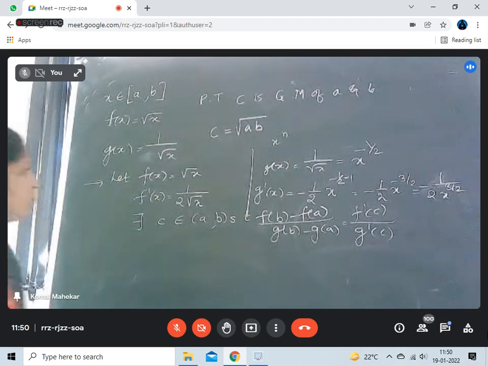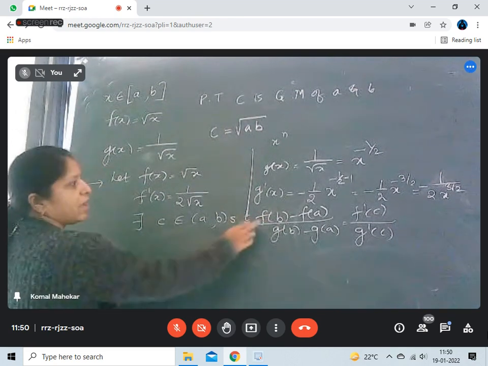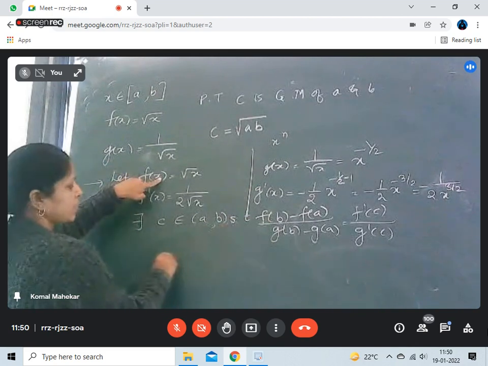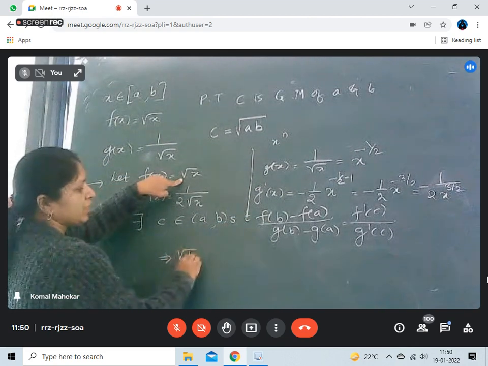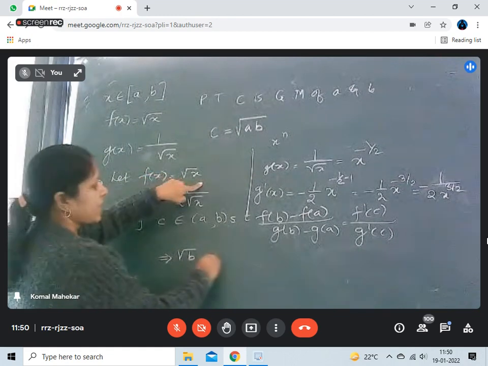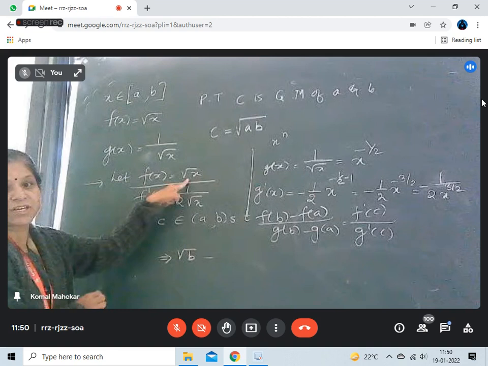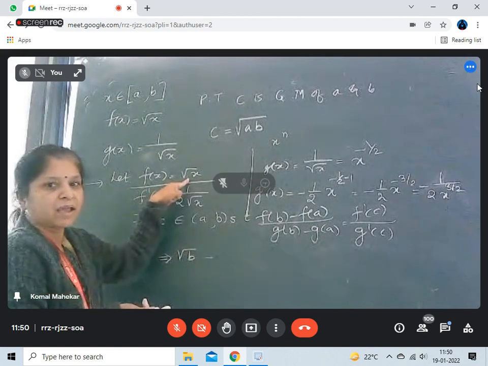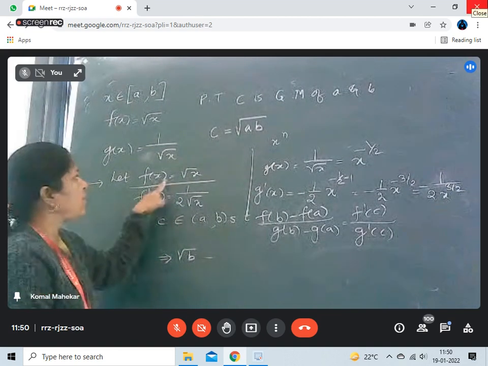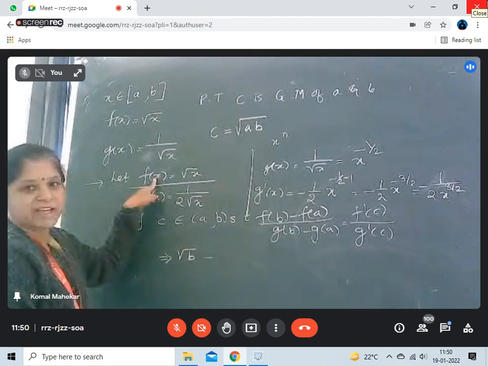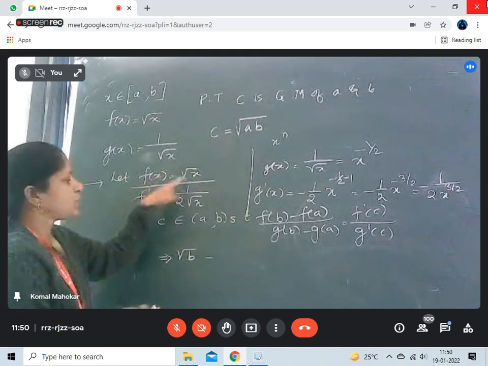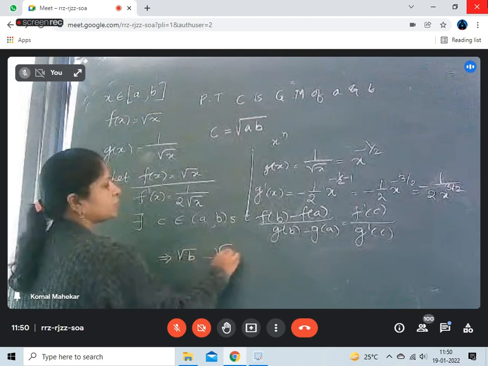Now simplify this. What will be f of b? For the function f(x), that is root x, replacing x by b you get f of b, that is root b. Replacing x by a, you get f of a, that is root a. So root b minus root a.